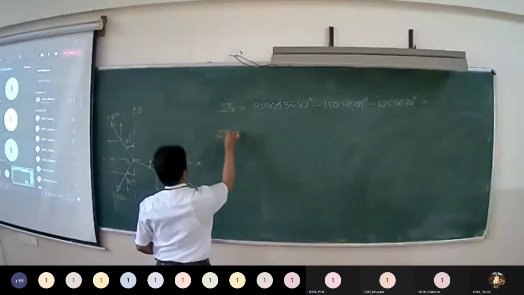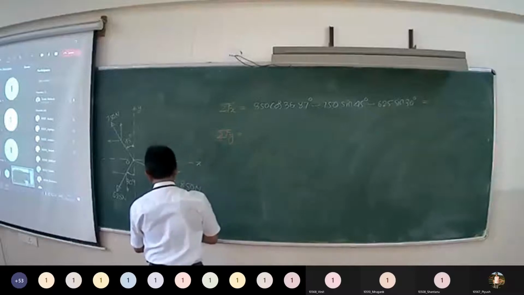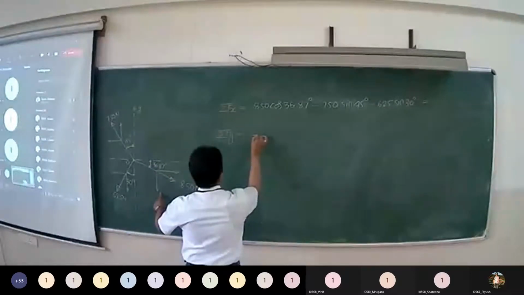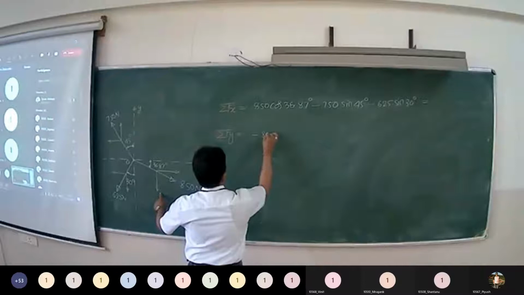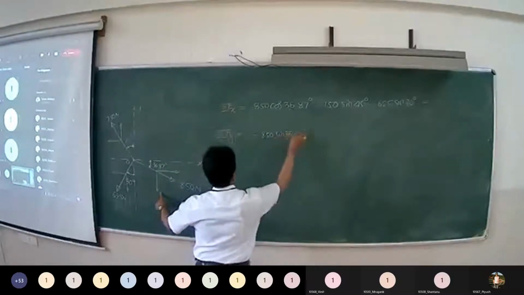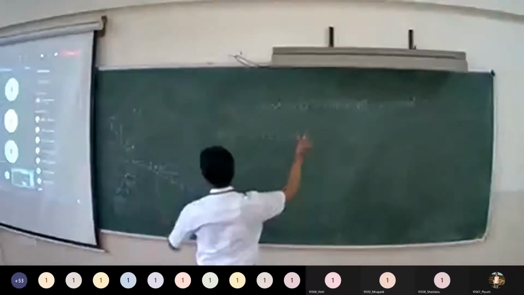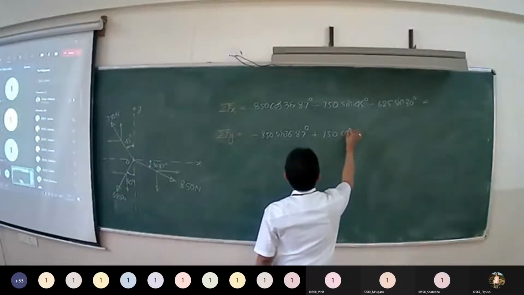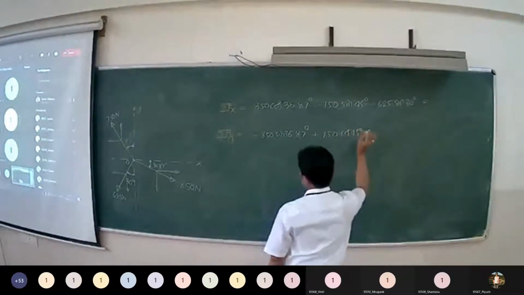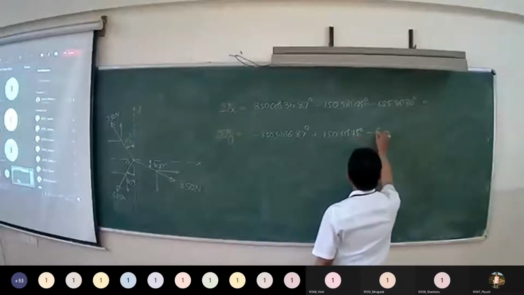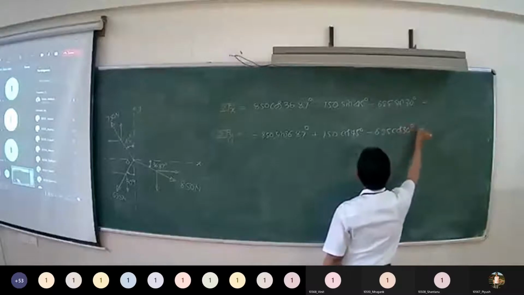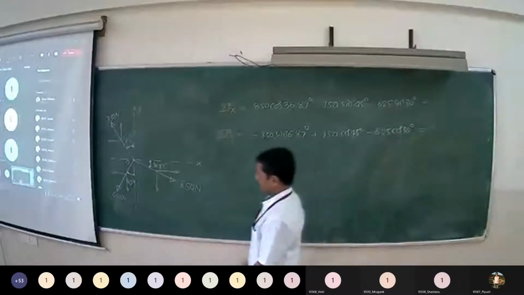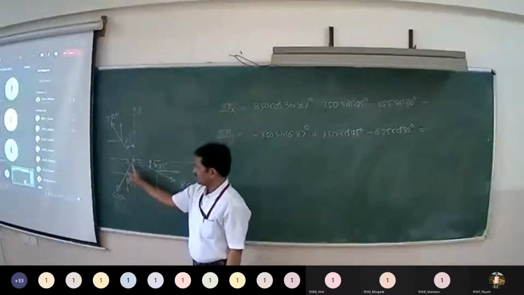Similarly, you have summation fy: minus 850 sin 36.87 plus 750 cos 45 minus 625 cos 30, because here 30 degrees is the angle with respect to y.